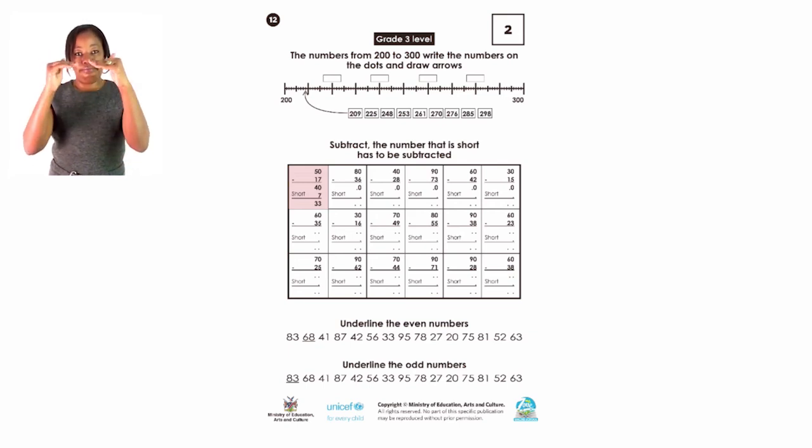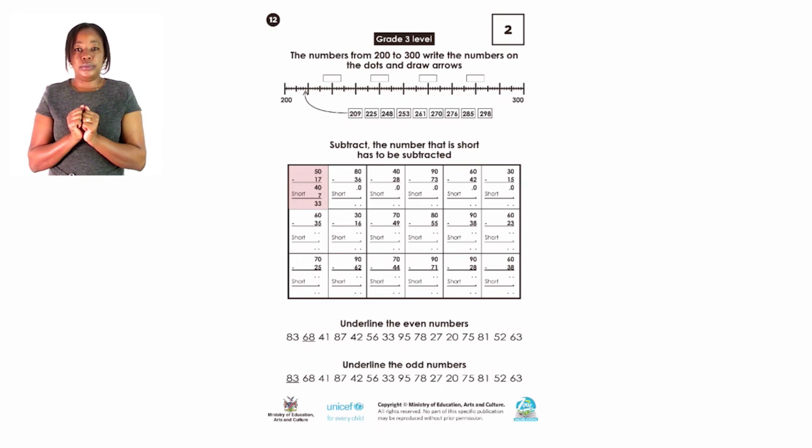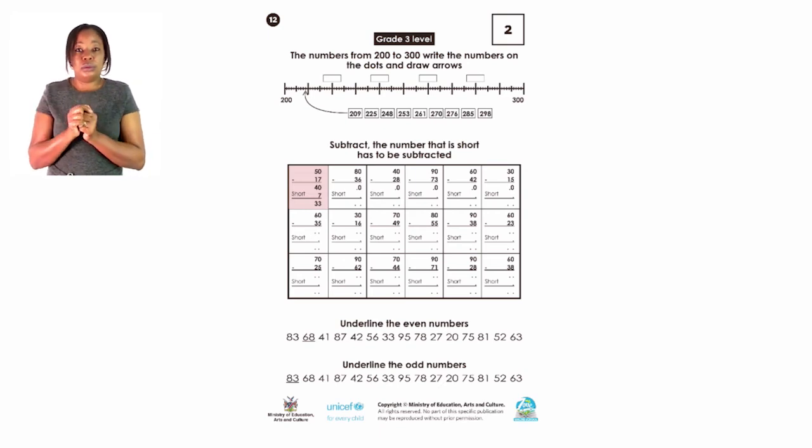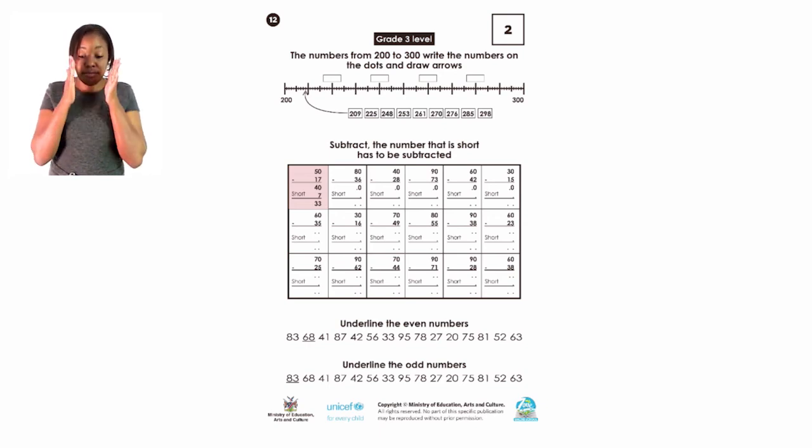What is the ending number there? Is it a 1? Is it a 3? Is it a 5, a 7, or a 9? If the end is having any of these numbers that I have called, then you know it's an odd number. You don't need to count. So please identify for me the odd numbers under there and underline them for me. All right? Okay.